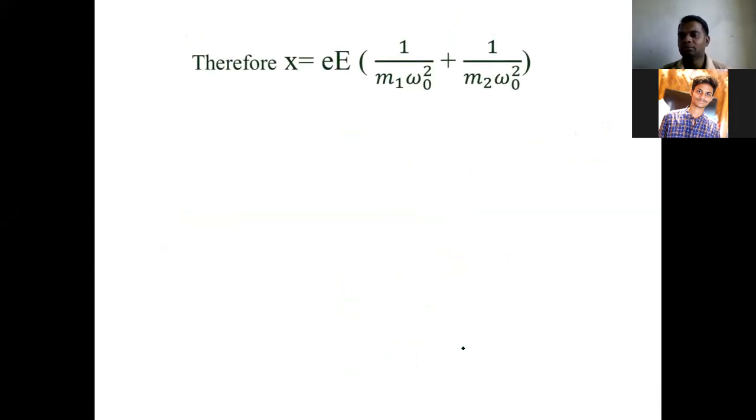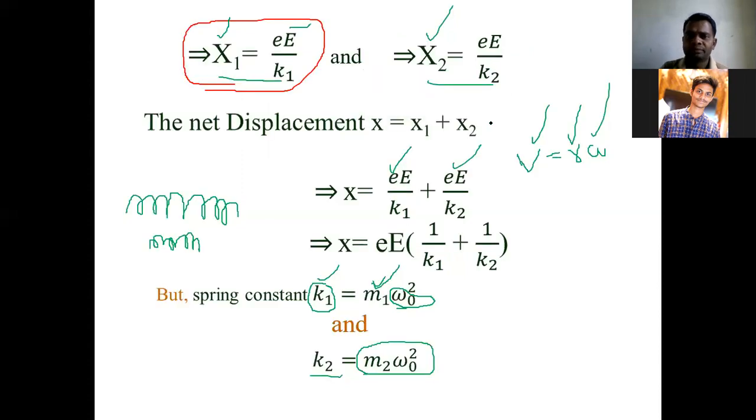Therefore, x equals x1 plus x2. What is the x1 value? This is x1, small e into capital E by k1. What is the k1 value?